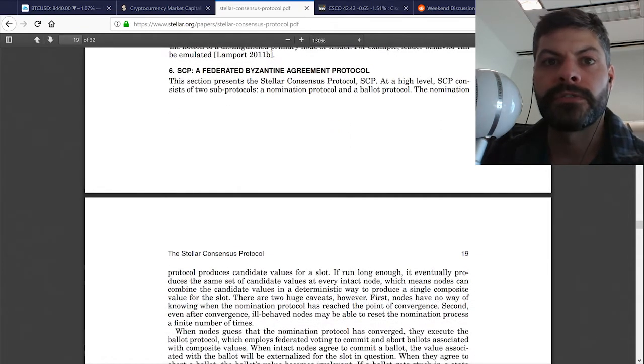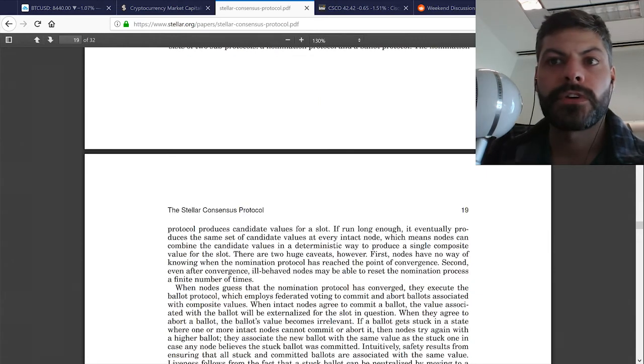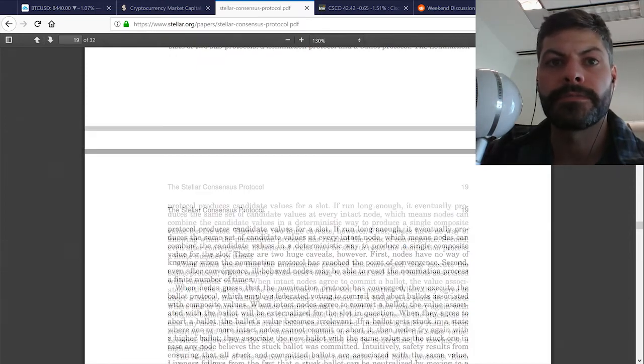If run long enough, it eventually produces the same set of candidate values at every intact node, which means nodes can combine the candidate values in a deterministic way to produce a single composite value for the slot. There are two huge caveats, however. First, nodes have no way of knowing when the nomination protocol has reached the point of convergence. Second, even after convergence, ill-behaved nodes may be able to reset the nomination process a finite number of times.